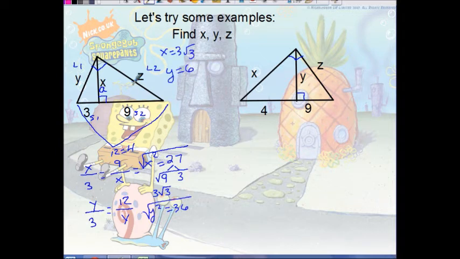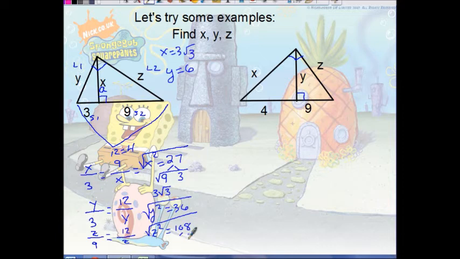Next, let's solve for z. It's again another leg. So we're going to link it up. Z and Z are on diagonals from each other, and it's going to link up its adjacent segment, the 9, with the overall hypotenuse, which is 12. That gives me Z squared equals 108, square root it and simplify.